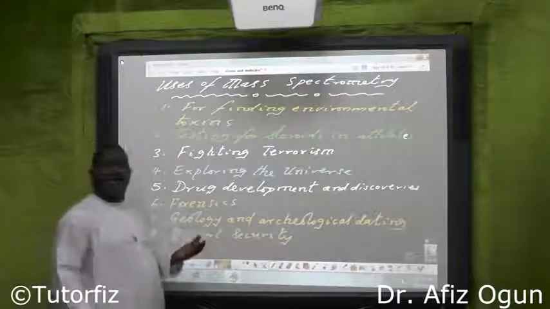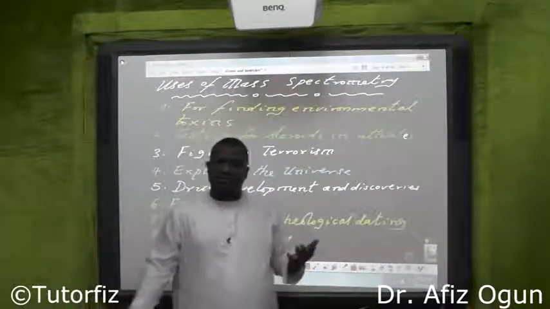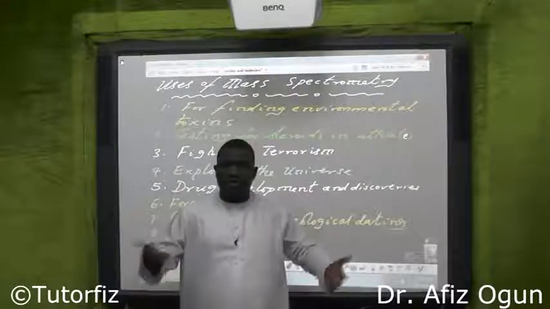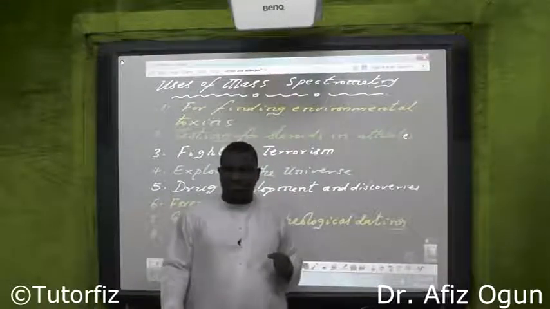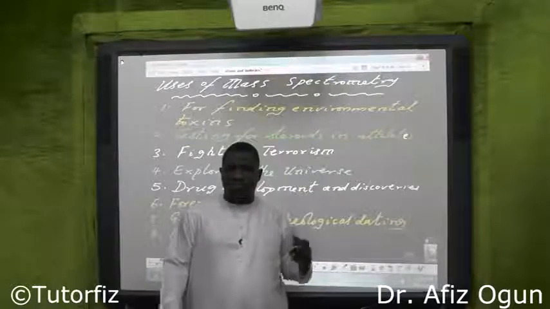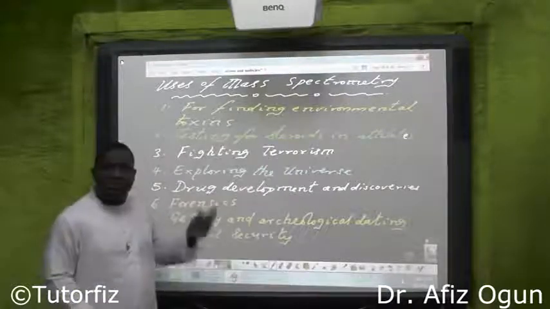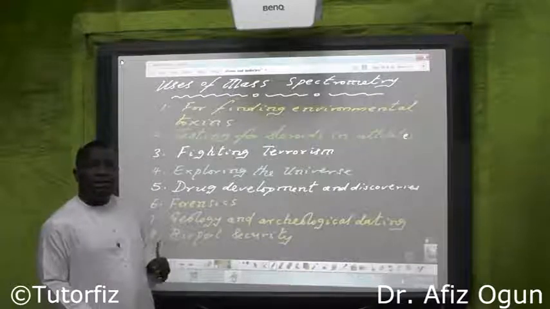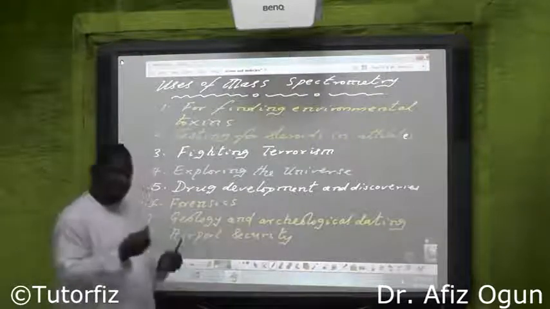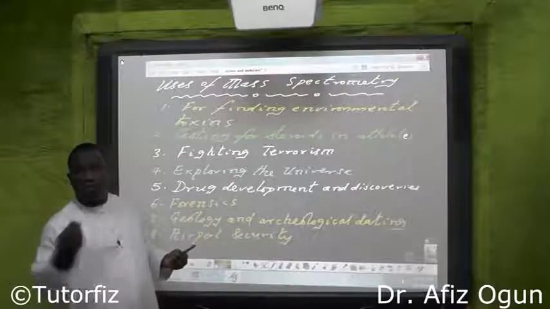Geological and archaeological dating. You dig in the ground, the earth, looking for artifacts, looking for archaeological remains of certain things that you want to discover, what has been long lost. Dig, you got something, you are not sure of what it is, you go test.